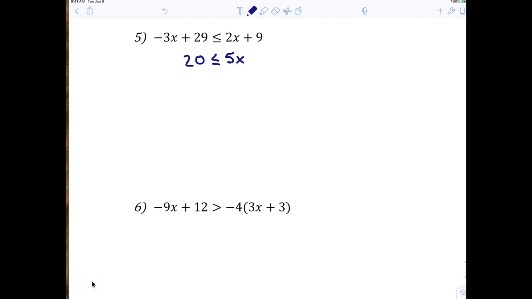And so now 4 is less than or equal to x. And so now x greater than or equal to 4. Yep. 4 to infinity.